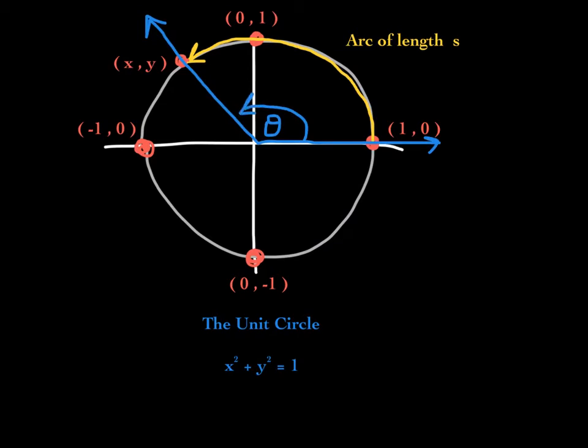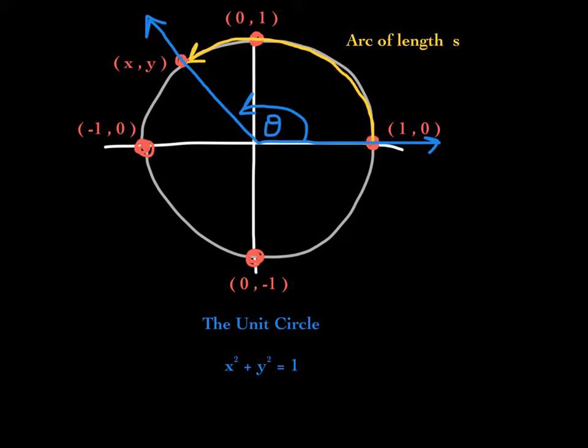And don't forget that this is what we're going to call r, from the center to this point. This is the radius of the circle, which is just 1. Here's our angle theta measured in radians, and this is the arc of length s that is intercepted by this central angle.